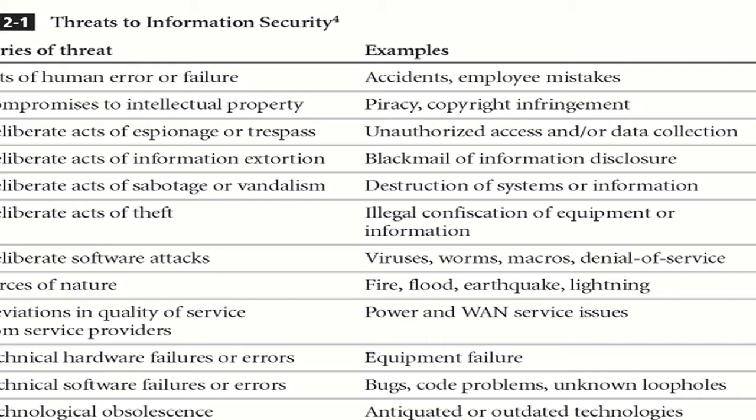We also have deliberate acts of information extortion. Usually, this takes the form of blackmail or information disclosure. This is a deliberate act of information extortion and is a threat to our cybersecurity or a threat to our information security.